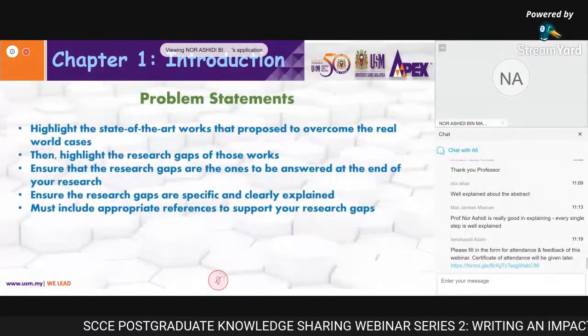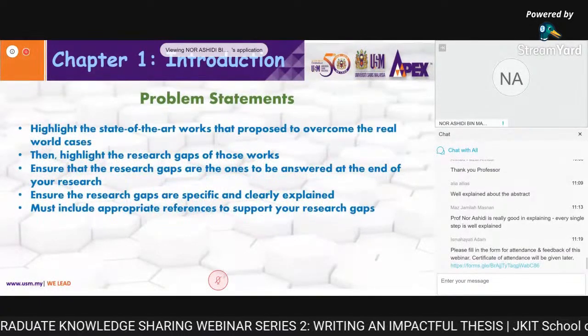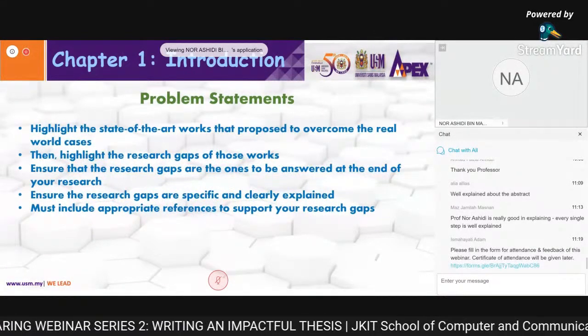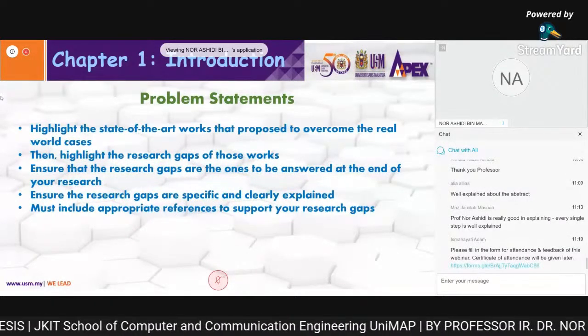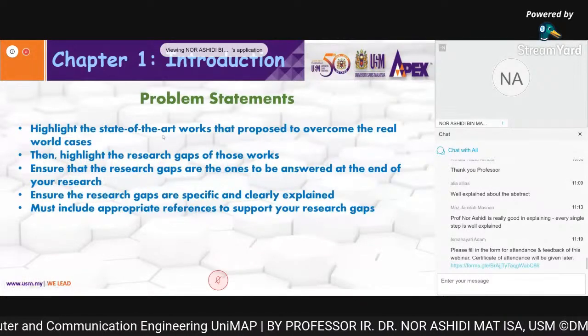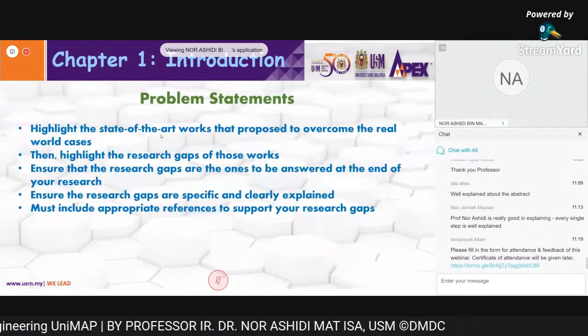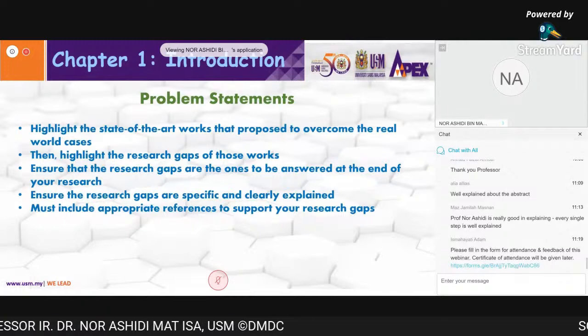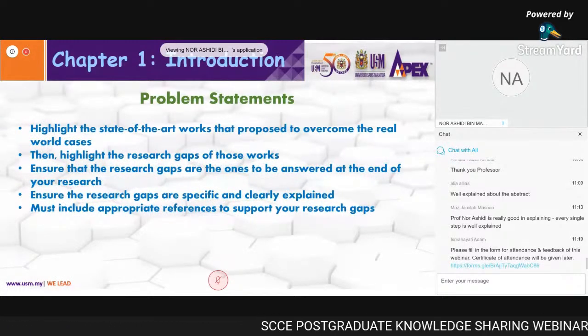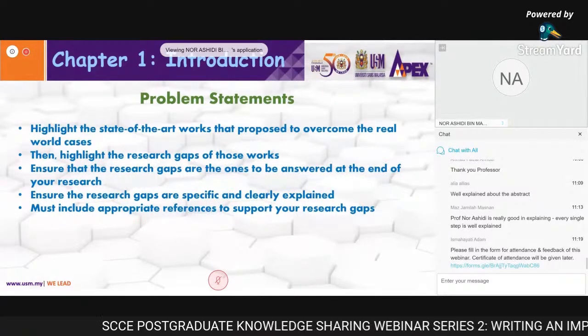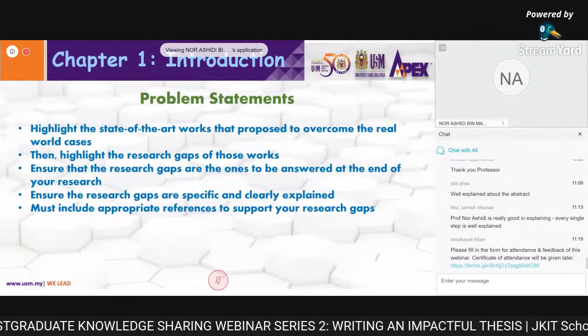Then the problem statement. This is the second section. After you have a research background, this is your second section. Problem statement: highlight the state of the art work, because this is your main part, which is specifically designed for your research work. Everybody wants to overcome the problems of the real world.